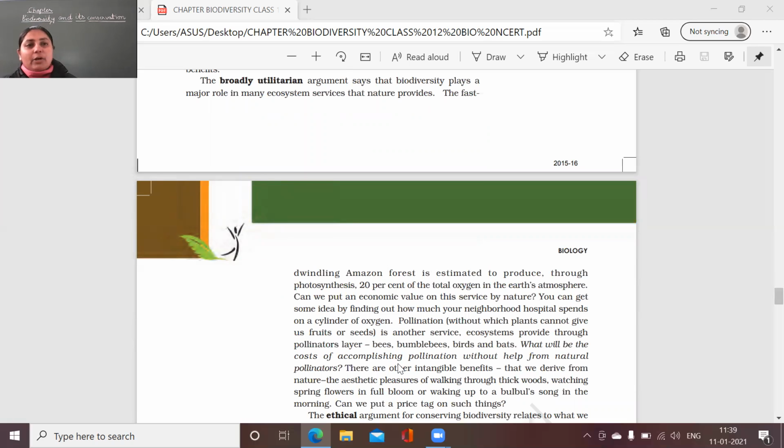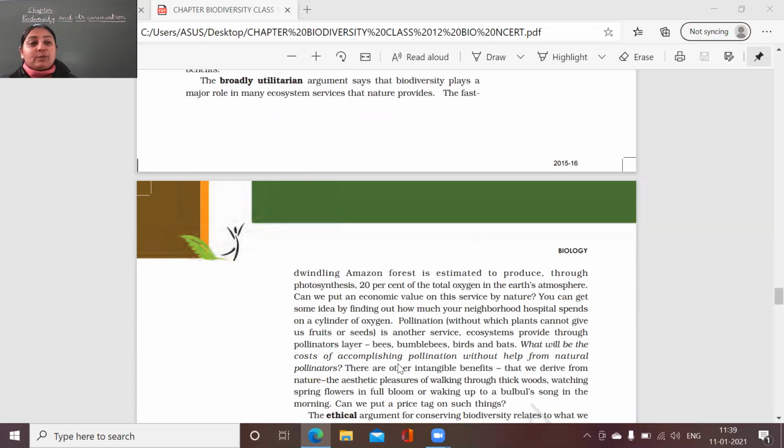The Amazon rainforest is estimated to produce 20% of the total oxygen in the earth's atmosphere by the process of photosynthesis. ठीक है, अकेले Amazon rainforest जो है वो photosynthesis के जरिए 20% total oxygen जो अर्थ की surface पे present है वो देते हैं. But nature is not demanding any kind of fee for these free services.